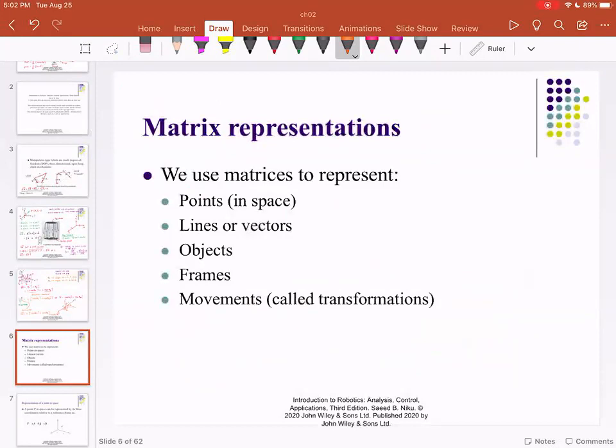So I want you to understand, what is this matrix representation? Matrix representation is nothing but rewriting the equations in a matrix form. So first of all, let me tell you what a vector is. A vector could be a row vector.